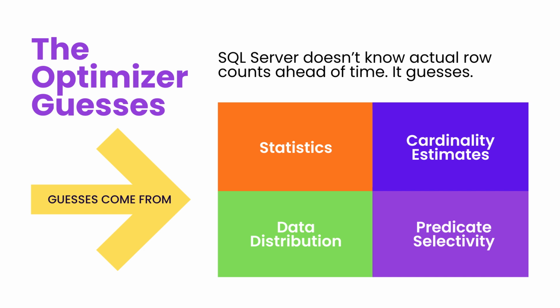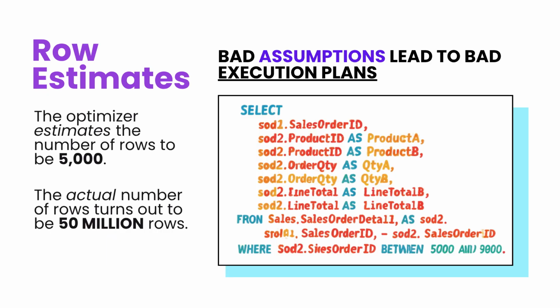It guesses. And if the math is wrong, the optimizer can start making terrible decisions. Imagine the SQL Server optimizer looks at your query and predicts, easy, this will touch about 5,000 rows. But reality hits, and it's actually 50 million rows.